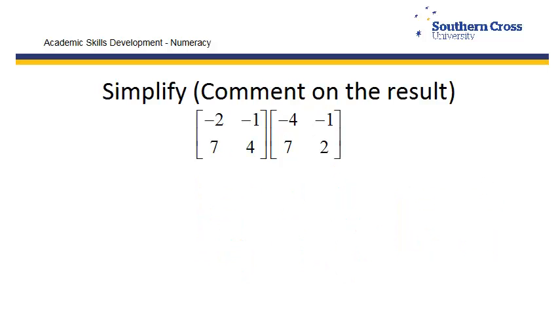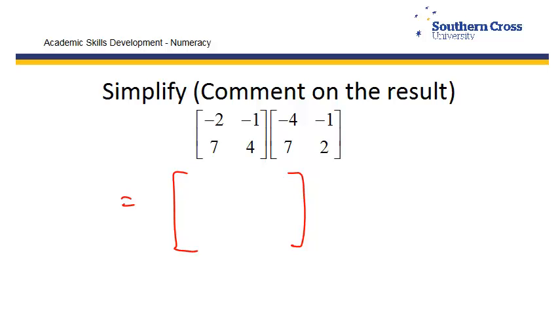Now moving to the next one, which is another 2 by 2 matrix. This time we're being asked to comment on the result, and I might do this one just a little bit quicker. So on the first row, first column, we need to multiply the first row by the first column.